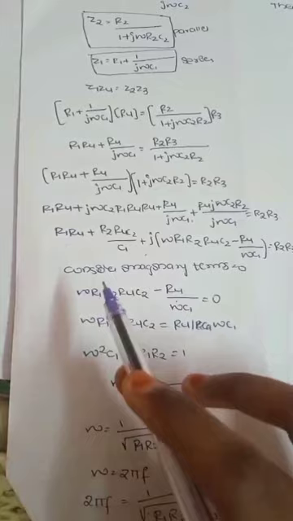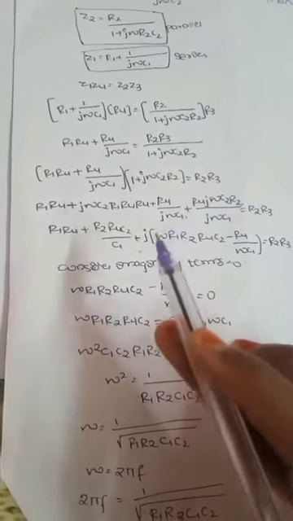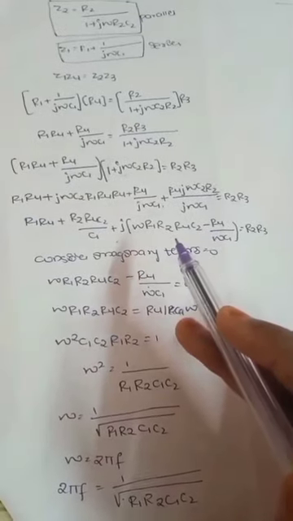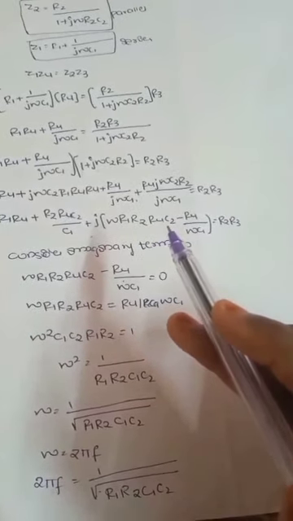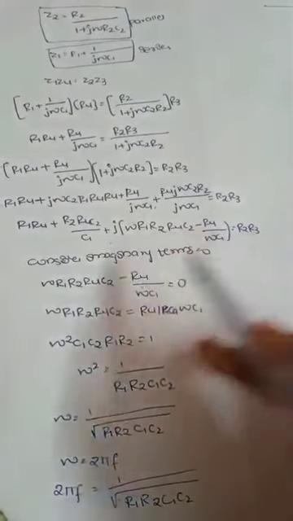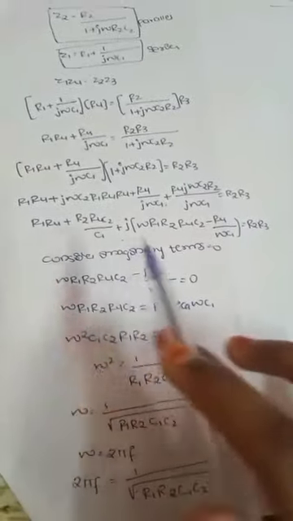This gives R1 R4 plus R2 R4 C2 by C1 plus j of (omega R1 R2 R4 C2 minus R4 by omega C1) equals R2 R3. Consider the imaginary terms equal to 0.